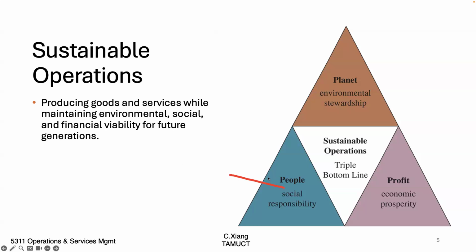The second P is people, which represents social responsibility. Sustainability is not just about the firm itself, but also about its impact on employees, on its local communities, and on society in general. This perspective often extends beyond the boundaries of the company. For example, when making sourcing decisions, a firm may consider whether suppliers operate under decent working conditions, pay fair wages, and follow ethical labor practices.